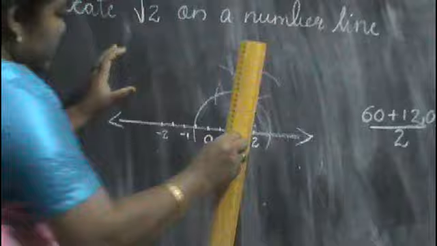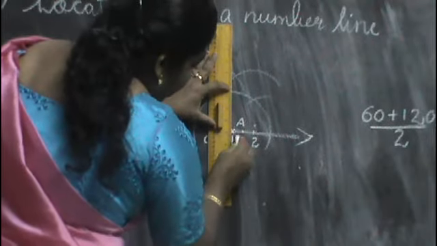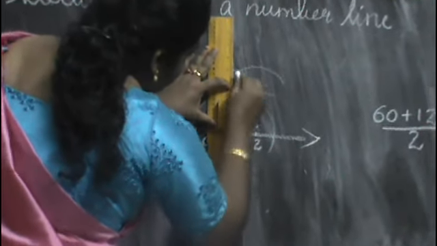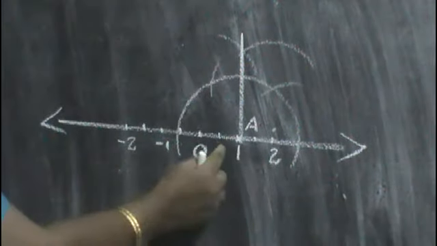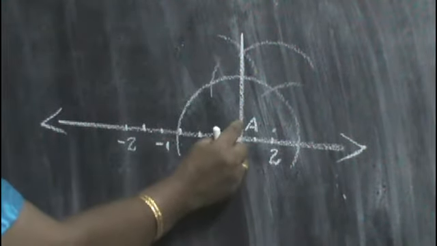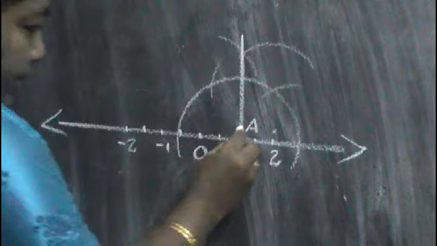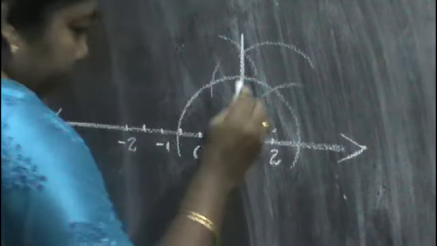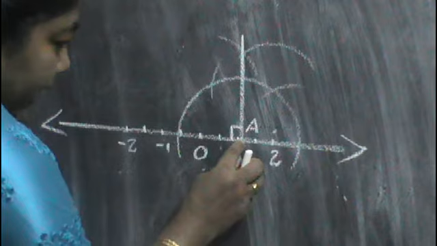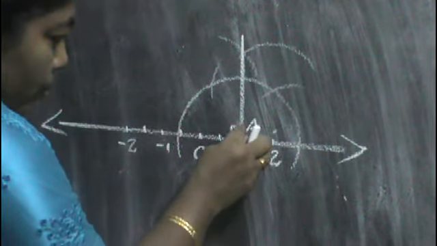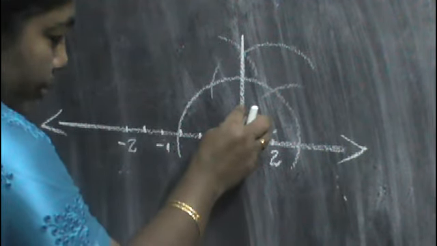Now we join it with 1. Now we get 90 degrees here. Then mark 90 degrees here. Then from this point A, take 1 centimeter on the top of this.